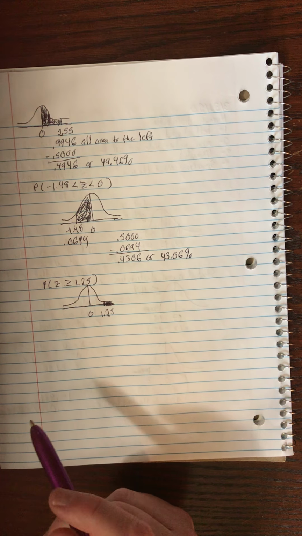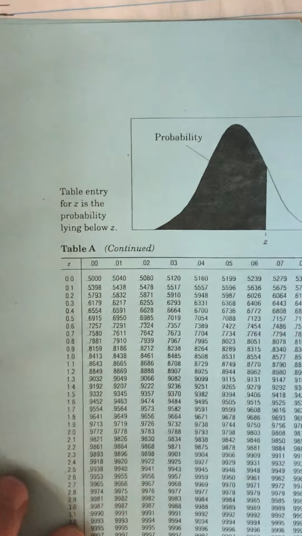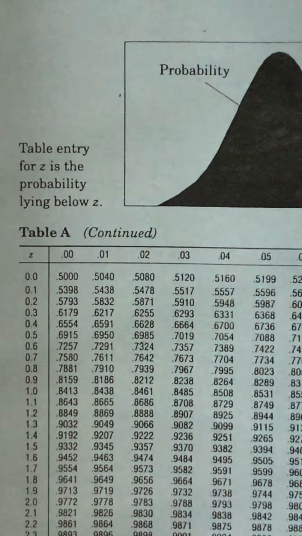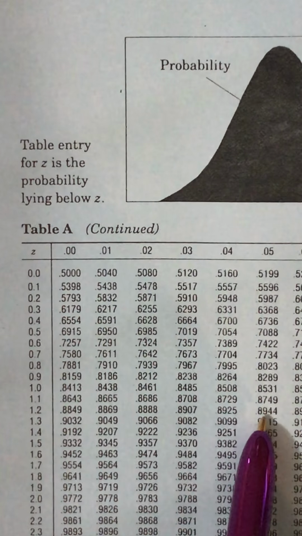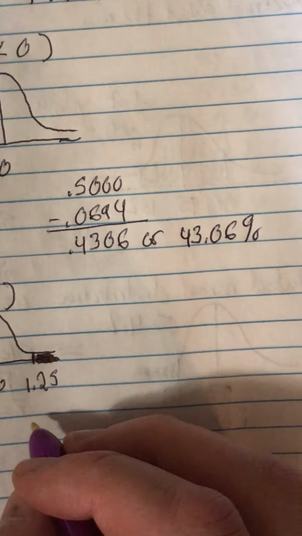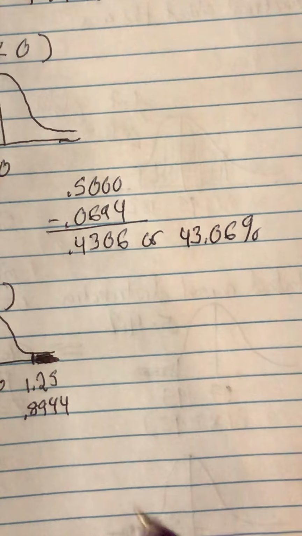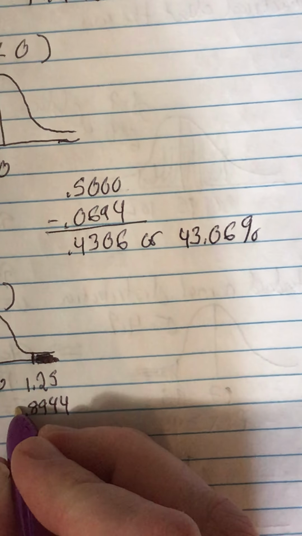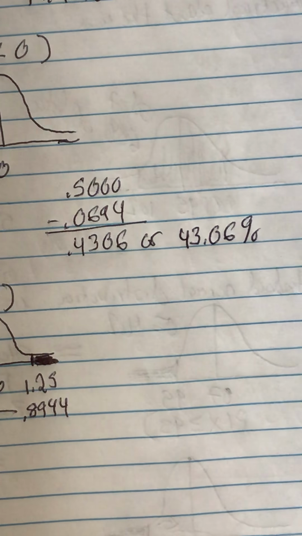Okay, so let's go ahead and find 1.25 on our z-chart. Here's 1.2, and I go over to 5. So that probability is 0.8944. So I'm going to write down right under there 0.8944. Once again, that represents everything to the left. Well, how am I going to figure out what's to the right?